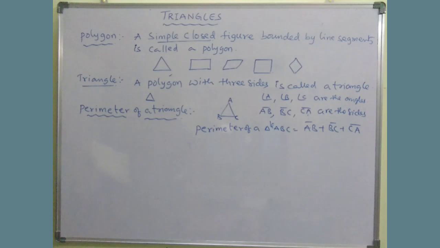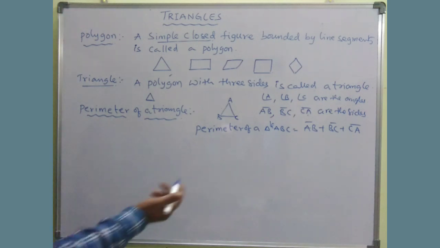So finally a triangle has three sides and three angles. Together we call them 6 components, 3 plus 3 sides and angles, otherwise 6 parts of a triangle.